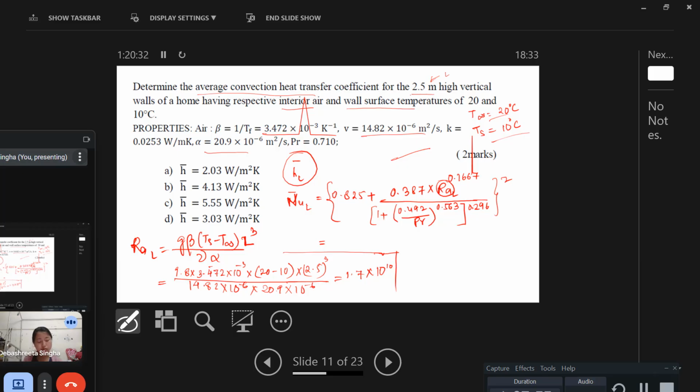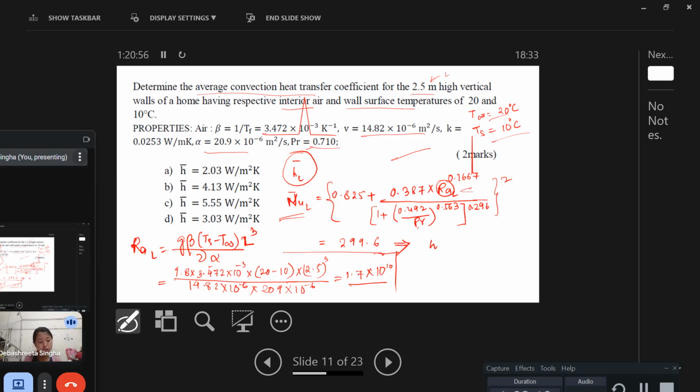It's a very high Rayleigh number. So we substitute this value in the Nusselt number equation, and also the value of Prandtl number, and we can calculate it as around 299.6.